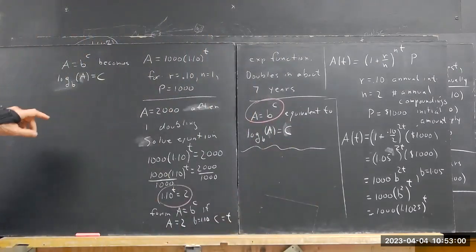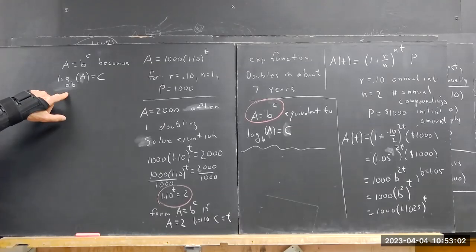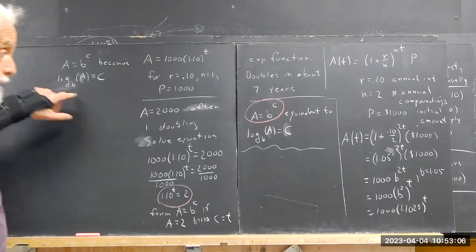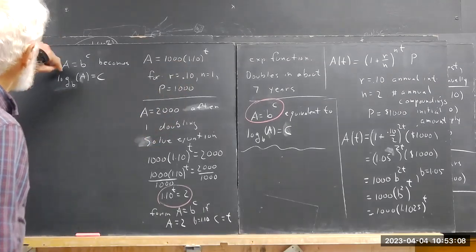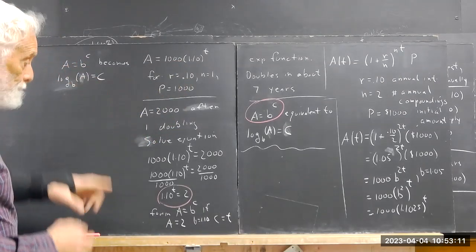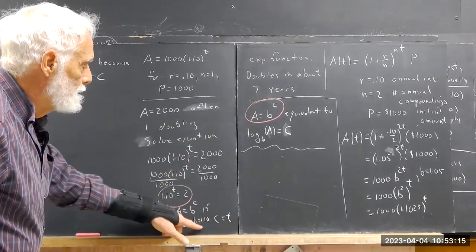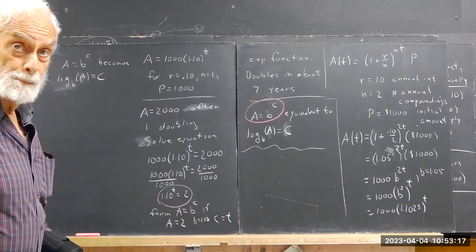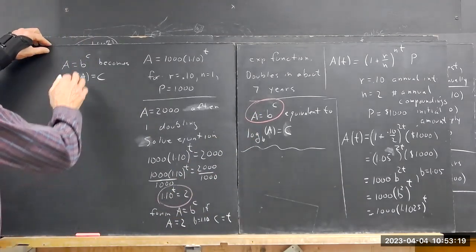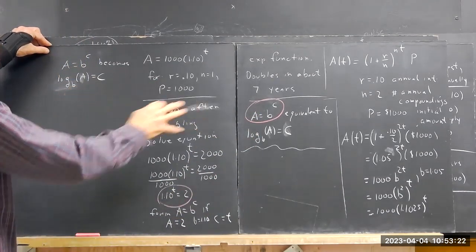Okay, so what I asked you to write down was going to be right. So again, we see this form where A, B, and C are easy to identify, and then this equation becomes this.